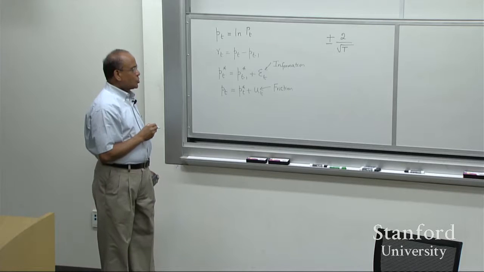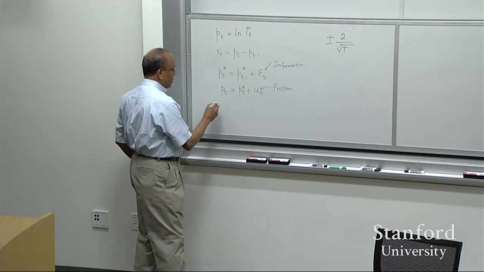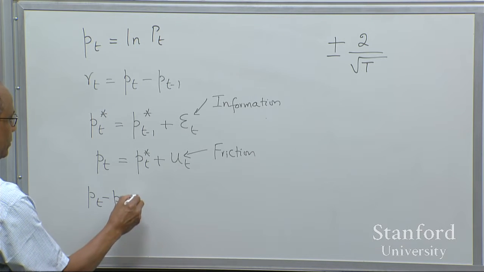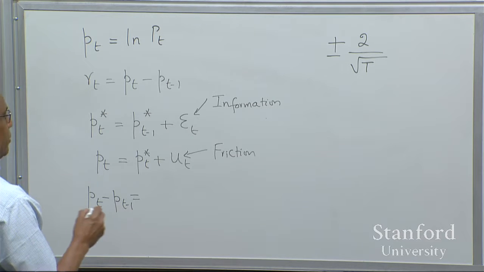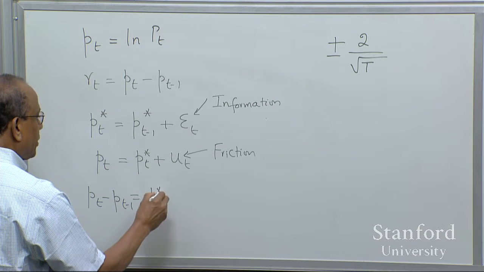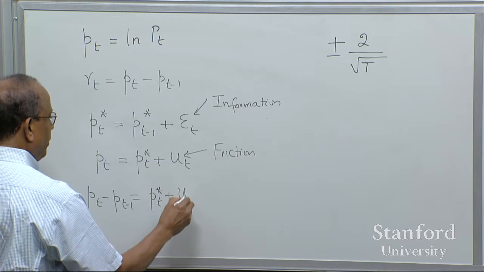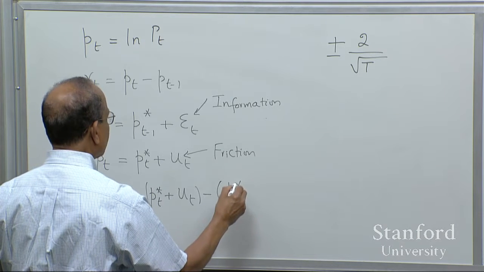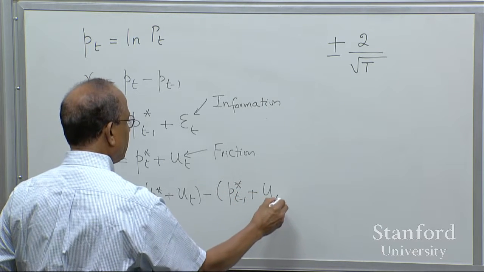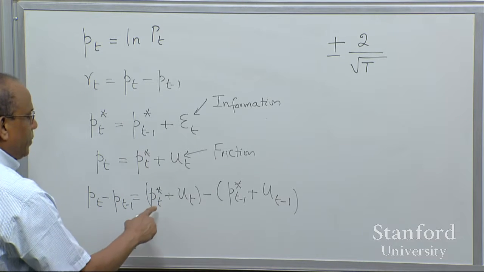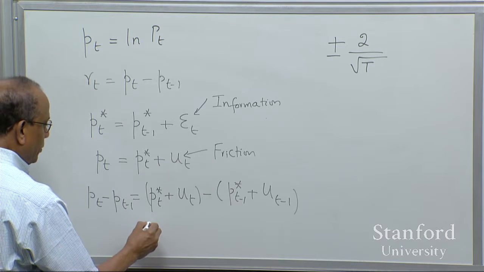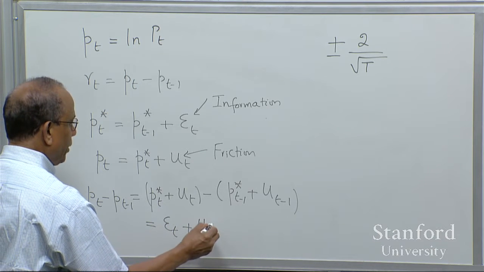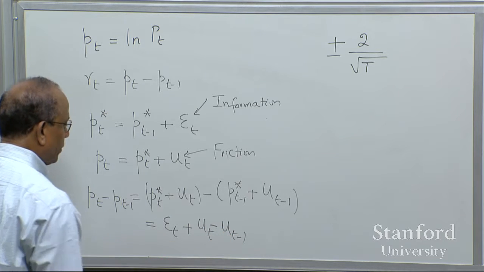If you look at the difference series P of t minus P of t minus 1, this is given by Pt star plus ut minus Pt minus 1 star plus ut minus 1, and Pt star minus Pt minus 1 star from the first equation gives you epsilon t, so the difference is epsilon t plus ut minus ut minus 1.